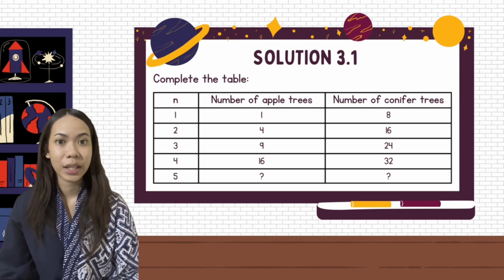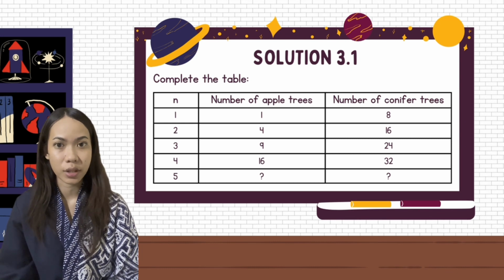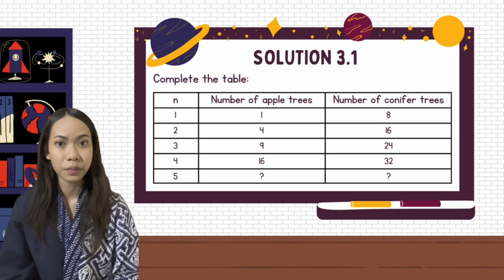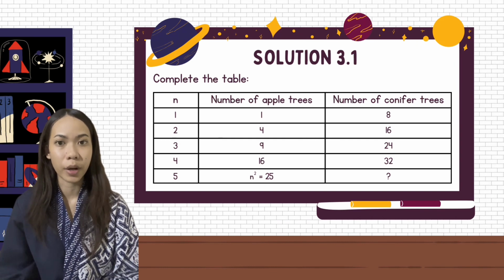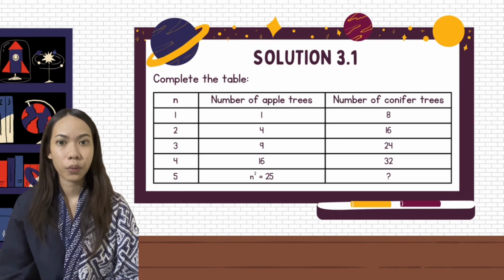From the calculations so far, we can determine the formula for the number of apple trees and conifer trees. To calculate the number of apple trees, we get a square pattern, so the formula for the number of apple trees is n squared. And to calculate the number of conifer trees, we multiply one side by 4.